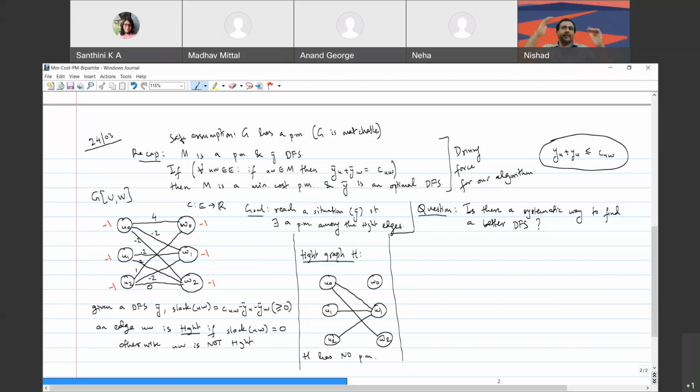So basically, if there is no ST path, then there has to be an ST cut, such that your tight edges right now do not have any edges in that particular ST cut. So you looked at all the reachable vertices from S, that became one component of your tight graph. And then you looked at the cut corresponding to that vertex set.